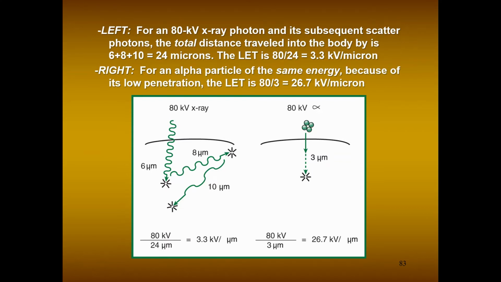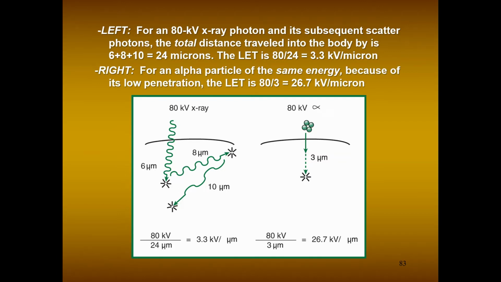Alpha particles have an atomic mass of 4. They're about 8,000 times more massive than an electron, and they carry a charge of +2, being that they're basically a helium nucleus, 2 protons and 2 neutrons. Whereas the X-ray has no charge, no mass, and is just a wave in the electromagnetic field.